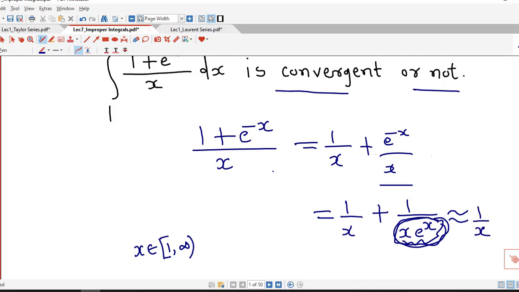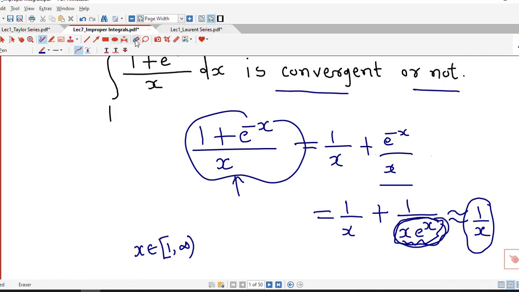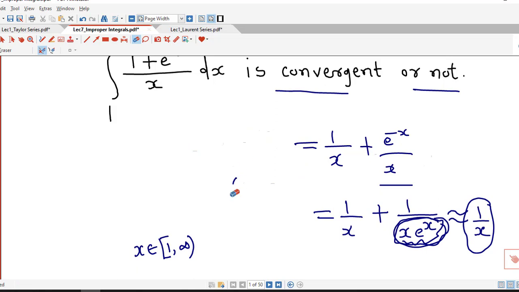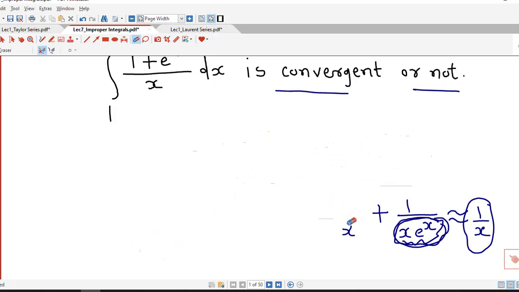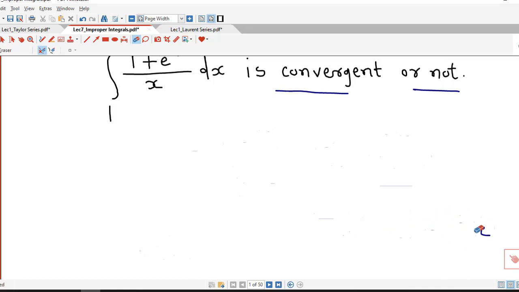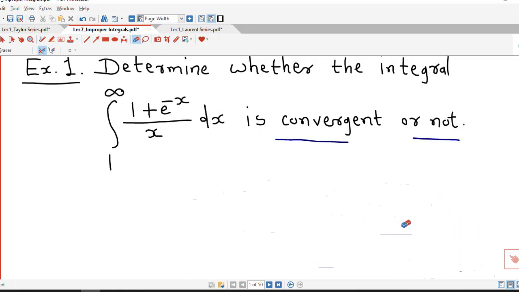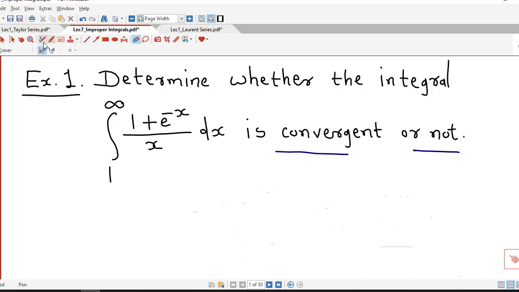So this function behaves like the function 1 by x. So we can compare this function with 1 by x, and we know the convergence of 1 by x from 1 to infinity, so that we can have an idea about the convergence of the given function over this interval 1 to infinity. First we try to establish the relationship between the function 1 by x and the given function.